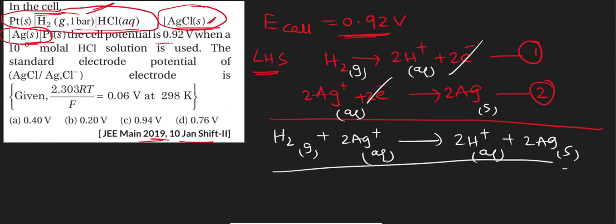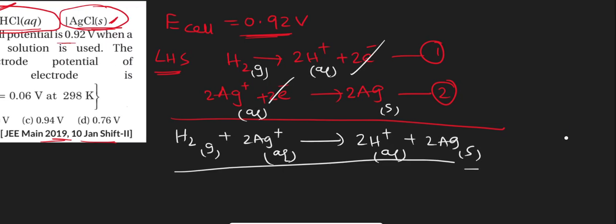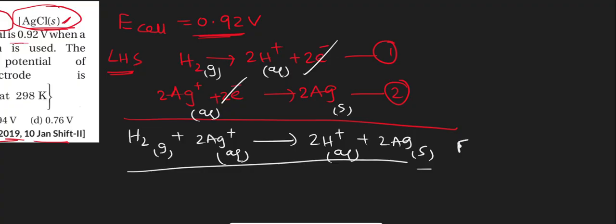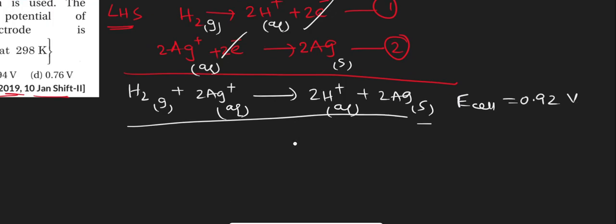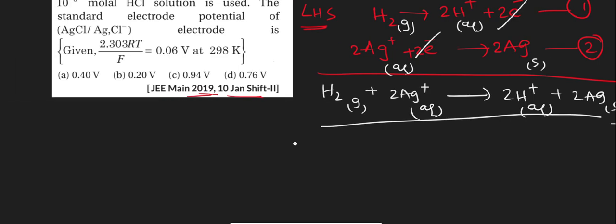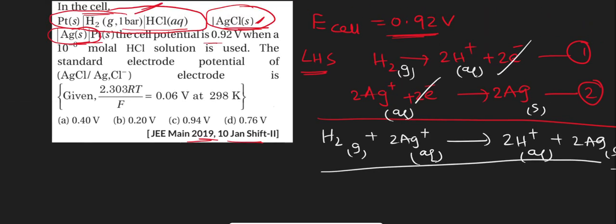This is the complete cell reaction. For this reaction they have given the cell potential E cell as 0.92 volts. Clear? Now we have been given the complete chemical reaction along with the cell potential.